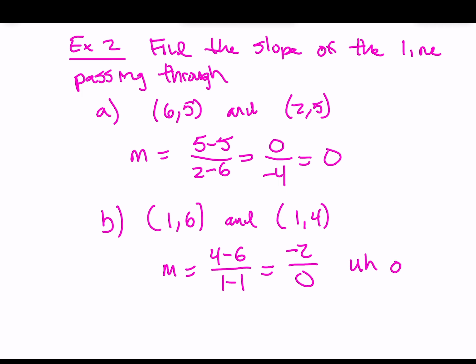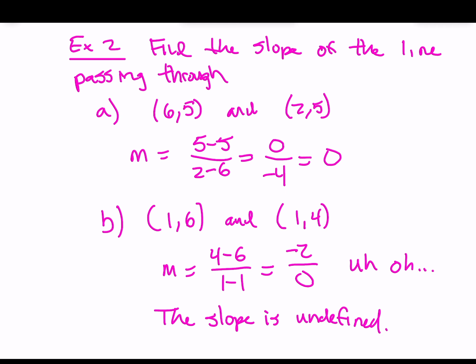So we have division by 0. Uh-oh. Whenever we get division by 0 for slope, that means that our slope is undefined. Which means that we have a vertical line.